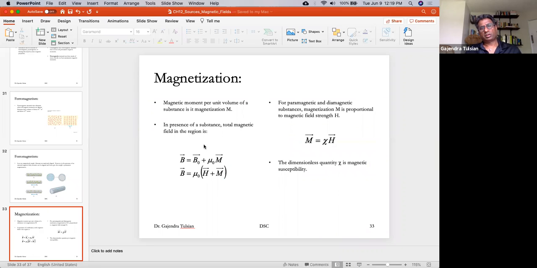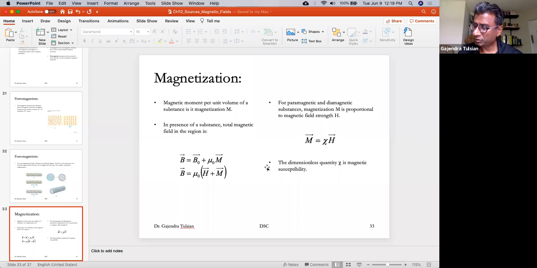Now we'll define some terms that material science engineers will find useful. Let's say you have a substance and you place it in an external magnetic field, B0.